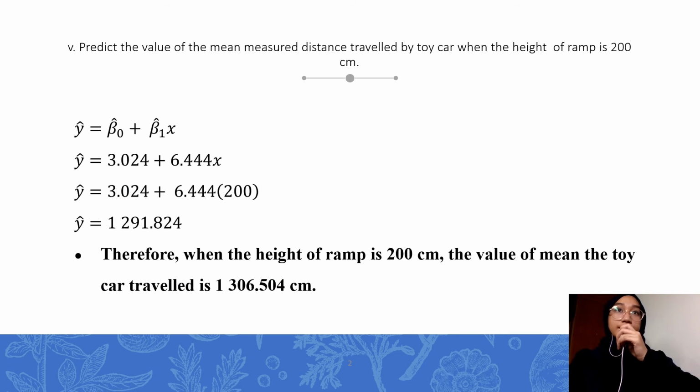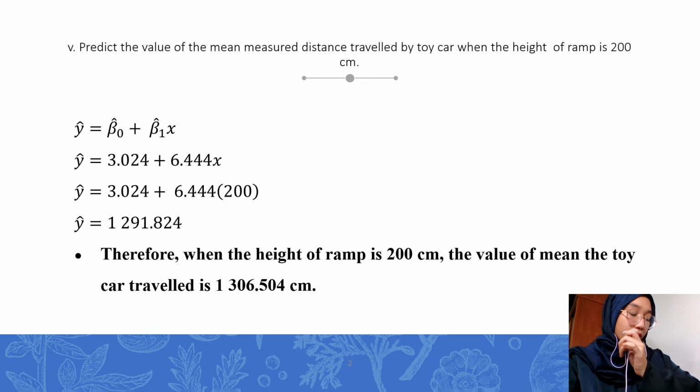Now let's take a look at question number 5. The question is, predict the value of mean measured distance traveled by the toy car when the height of the ramp is 200 cm. On this question, here's the formula where y is the dependent response variable, b0 is the population y-intercept, b1 is the population slope, and x is the independent explanatory variable.